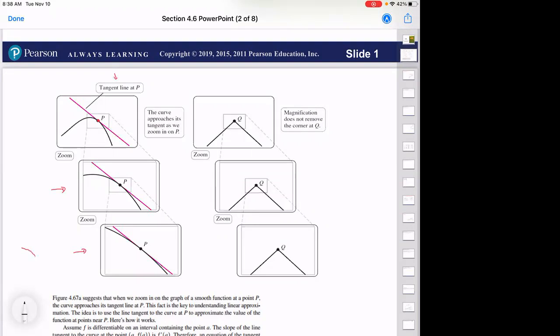It would approach the actual tangent line. Very nice. So as you successively zoom in, the curve near P looks more and more like the tangent line, right?